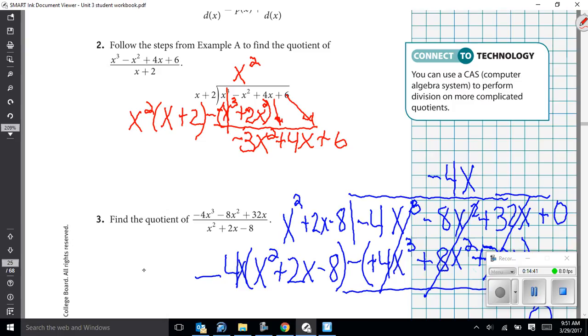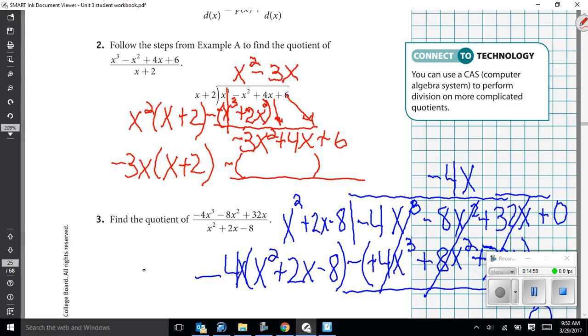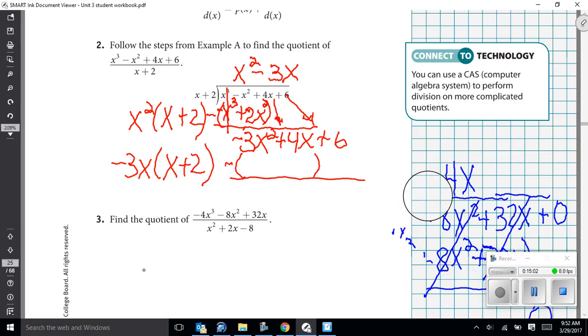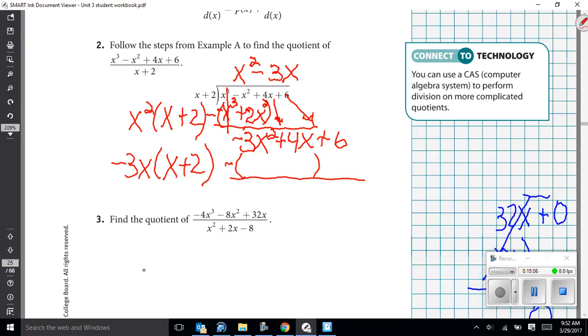Alright, so now looking at, we need to have negative 3x squared. So x times what gives us negative 3x squared? So x times negative 3x. So negative 3x times x is negative 3x squared, plus 2, or times 2.